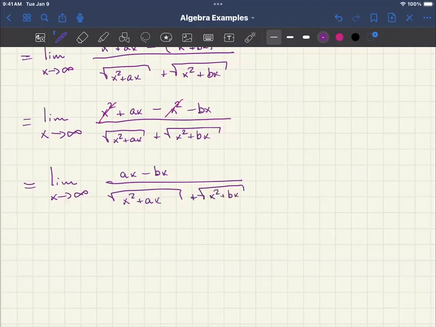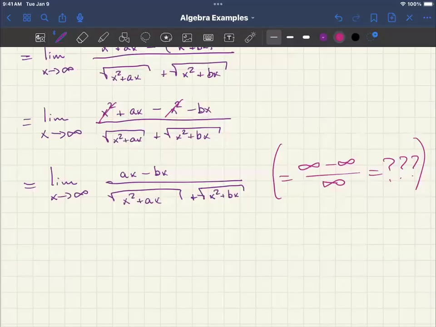Now, this looks a lot better, but it still looks pretty crummy, right? If we tried to plug in infinity, so to speak, you'd get infinity minus infinity divided by infinity. And again, it'd be like, well, who knows what happens to that? So we need to do a little bit more work here.